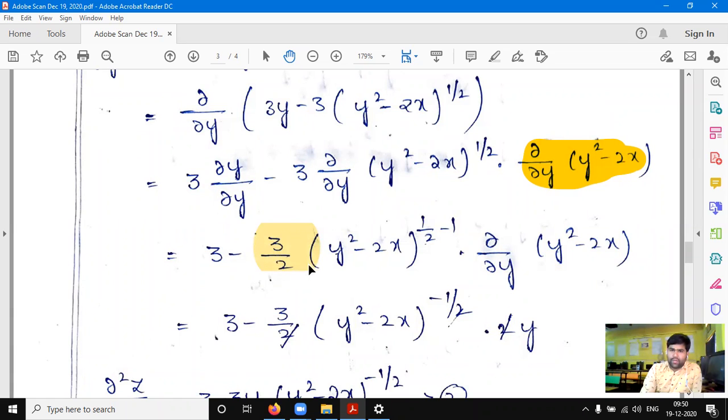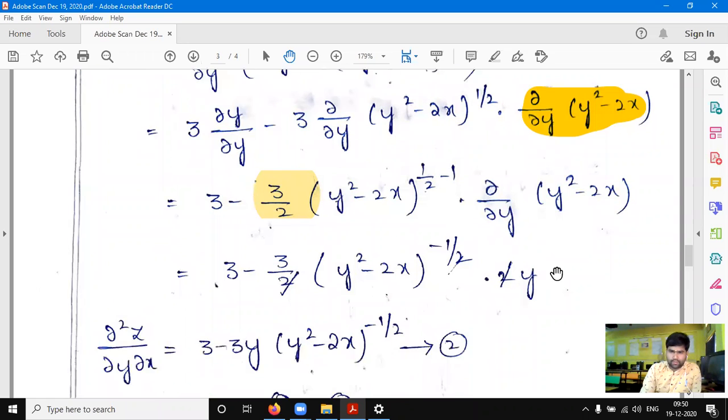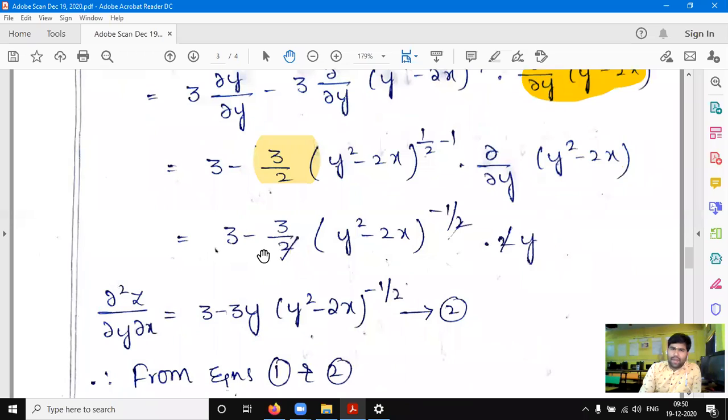So 3 by 2, no, 1 by 2 into (y square minus 2x) whole to the power of 1 by 2 minus 1, into dou by dou y of (y square minus 2x). So that is 3 minus 3 by 2 into (y square minus 2x) whole to the power of 1 by 2 minus 1. 1 by 2 minus 1 becomes minus 1 by 2. Again the differentiation of this one is 2y.